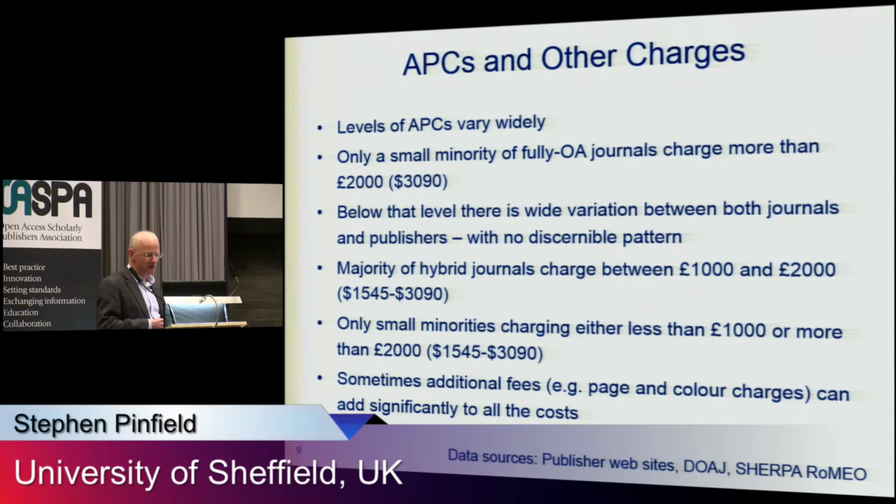The majority of hybrid journals charge £1,000 to £2,000 as well, with only a minority charging less than £1,000 or more than £2,000. Significantly, though, we did see that there were additional charges, which in particular disciplines made a difference, that is, colour and page charges, which often added to the overall cost for institutions and authors.